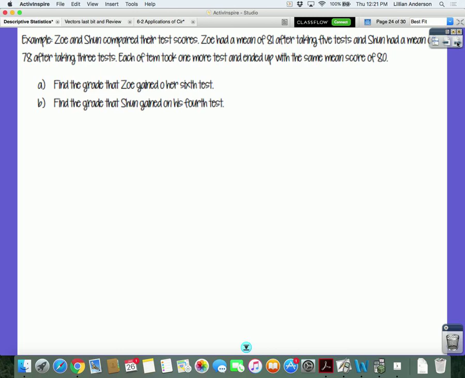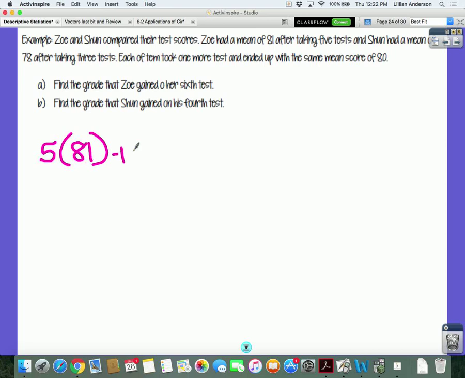Now, if you think about it, we don't know what the scores were on the 5 tests, but we do know that the average was an 81, right? So we can figure out exactly what that total was by multiplying 81 by 5, because the average was an 81. It really doesn't matter exactly what numbers they were. The sum would technically be the product of multiplying 5 by 81.